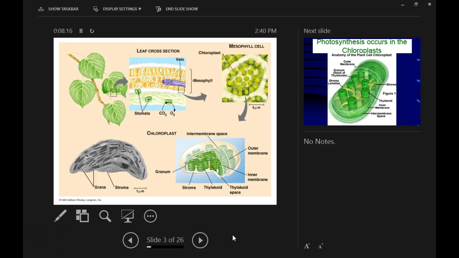In fact, when I look at them, it makes me hungry for Thin Mints. If you're a Girl Scout cookie fan, I just think about a sleeve of Thin Mints there. All right? And that little column is what we call a granum. And then it is surrounded by a fluid-filled space called the stroma.